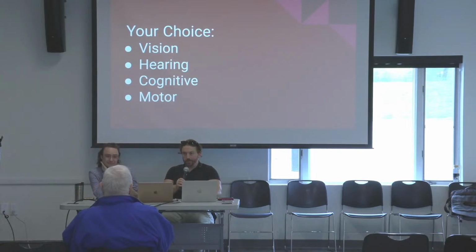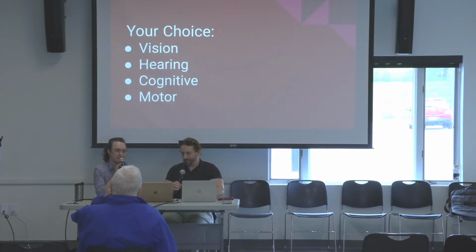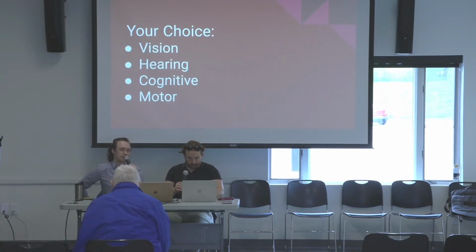I'd like to hear about vision for our group. Okay, great. We will continue on with vision, and we'll probably briefly talk about hearing. Cognitive is one where there are so many things that could be useful to folks, so I think we'll spend most of our time on vision and cognitive.